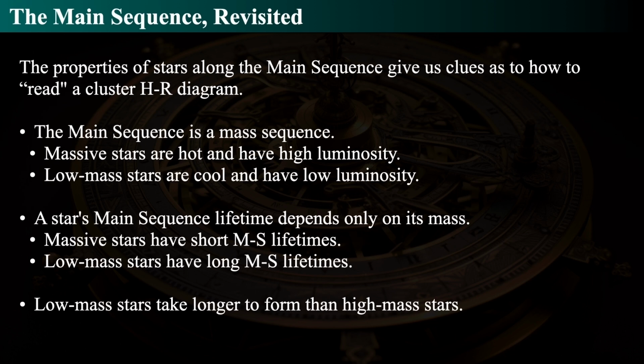And the lifetime of the main sequence compared to the sun roughly goes to the inverse of the mass compared to the sun to the third power, to the cube. So a 10 solar mass star lives 1,000 times shorter than the sun, and a 0.1 solar mass star lives 1,000 times longer than the sun. And therefore, low mass stars even take longer to form than high mass stars.